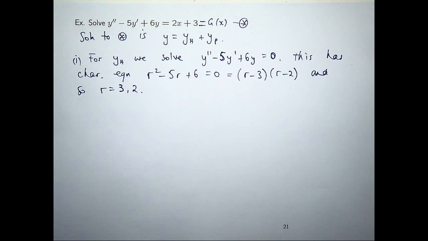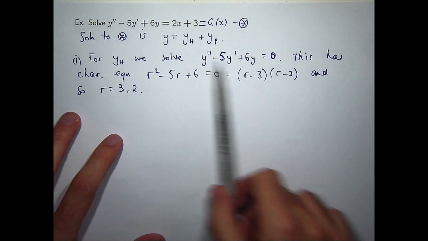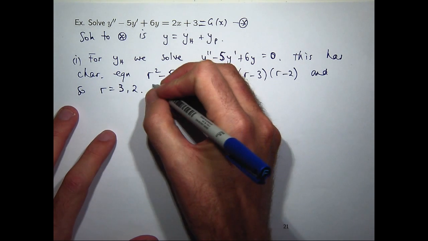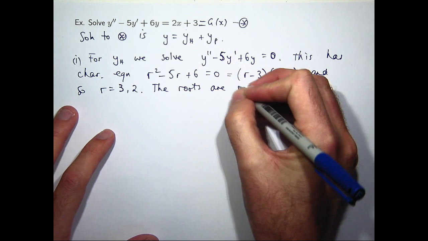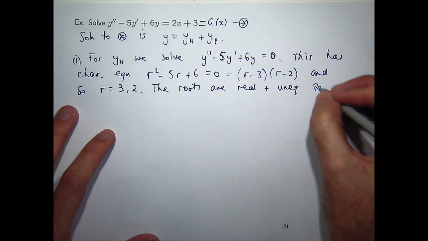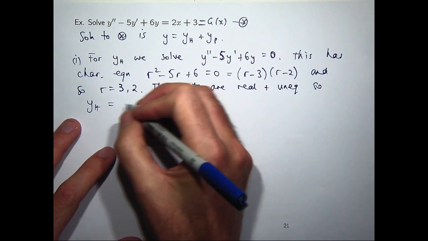Okay, so we look at the roots, they are both real numbers and they're unequal. Therefore, y sub h, the solution to the homogeneous problem, will have a special form. So the roots are real and unequal, so y sub h has the following form.